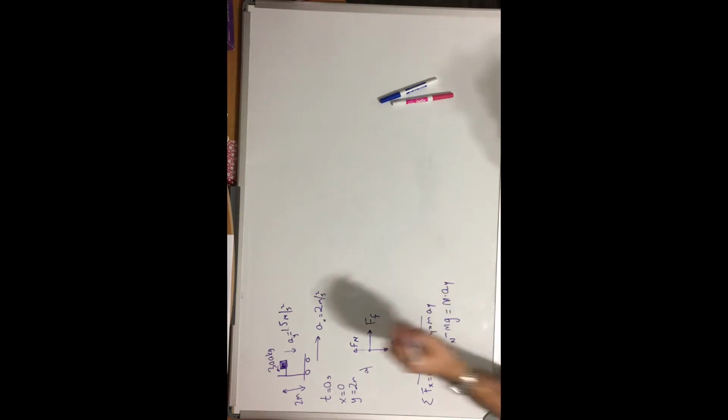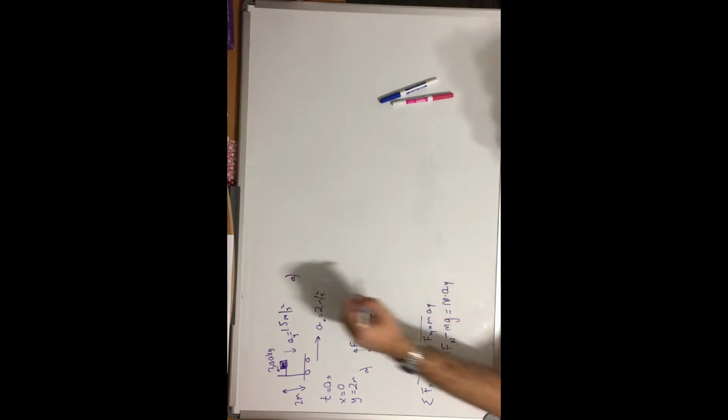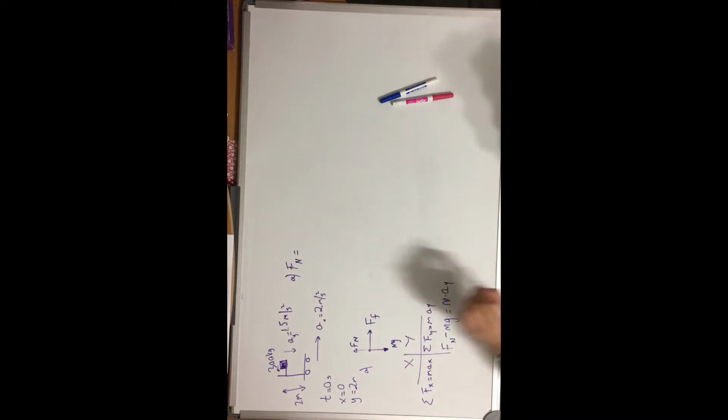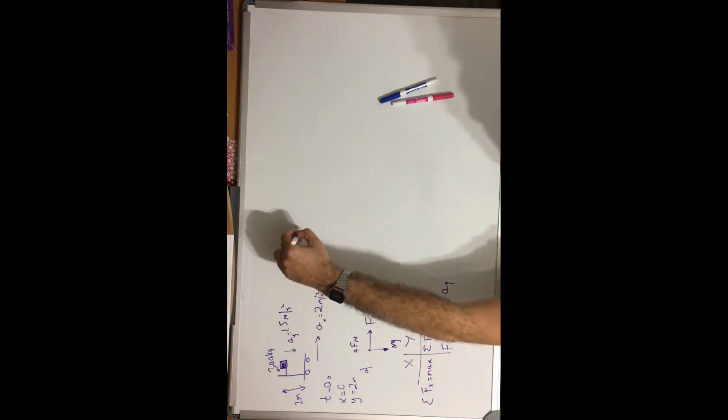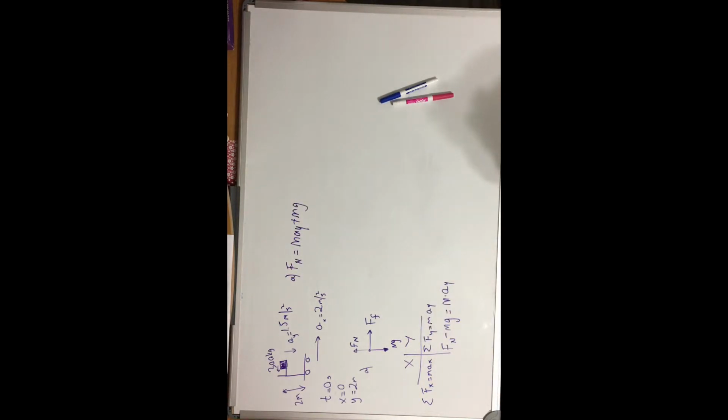For part A, simply you will just use this equation, Fn minus mg equals may, and you will solve this for Fn, and Fn equals may plus mg, basically.